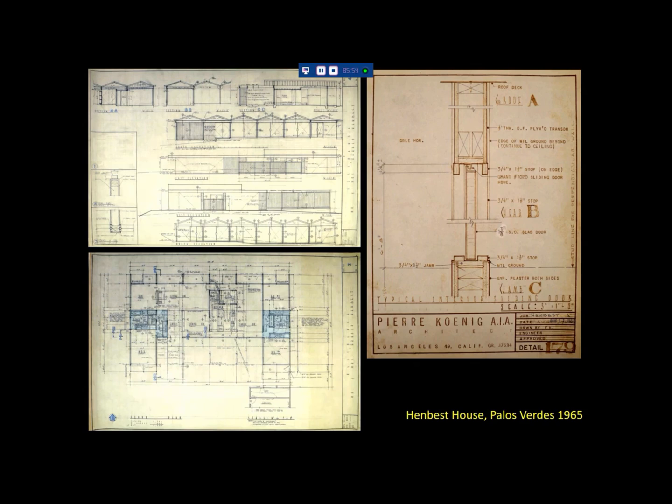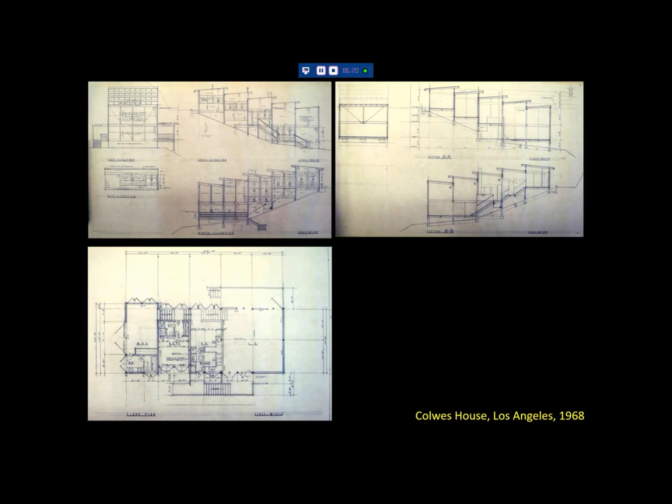The Henbest house, set round a courtyard with a sawtooth roof elevation. Or the Colbus house, set on a hill, stepping down with a series of pitched roofs. And finally, the most curious of them, the Burton house, sometimes known as the Burton pole house, because it's supported on big poles, those long bits of timber.